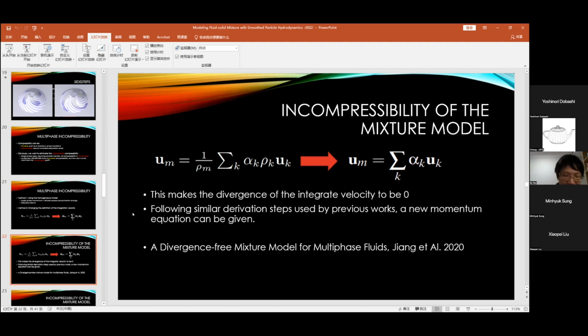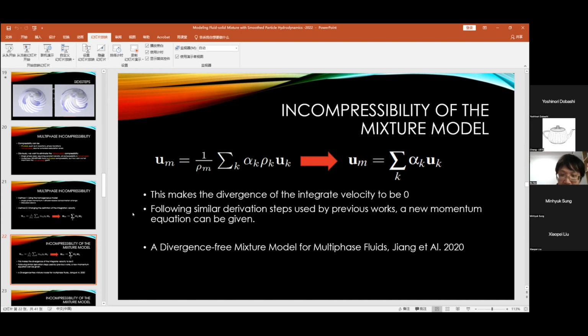Yeah, it's my fault. I just omitted all those parts because they can all be found in the IISPH paper. IISPH is for single phase.